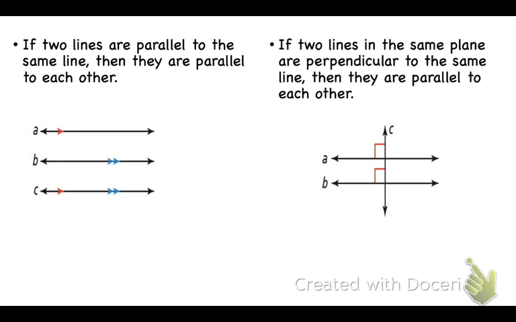Okay, so what I'm saying is if A is parallel to B and B is parallel to C, then A is parallel to C.